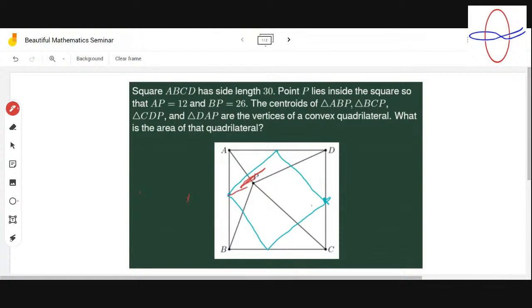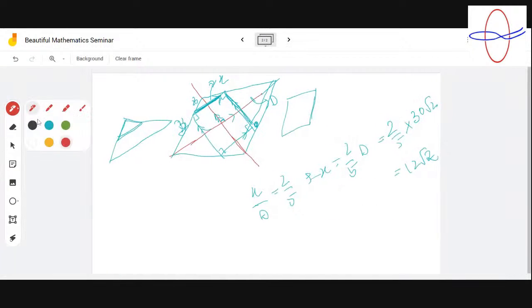Is it 2/3 of that because of this? Let's take an example. He's telling that it's 2/3 of this because of the following reason. Let's join these sides. So what we got from here? This is the centroid, this is a centroid. Observe it very carefully now. He's telling that this is the midpoint of the two sides. We join the midpoint. This is the centroid, this is a centroid.